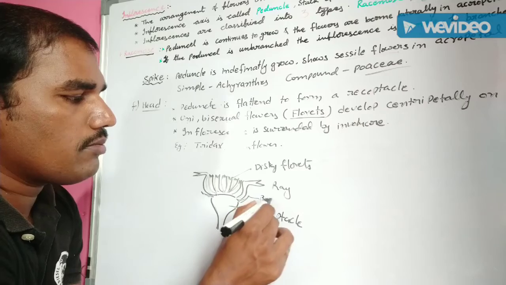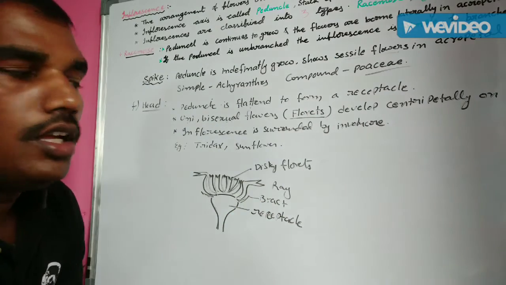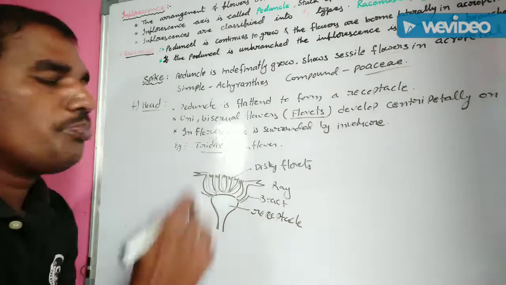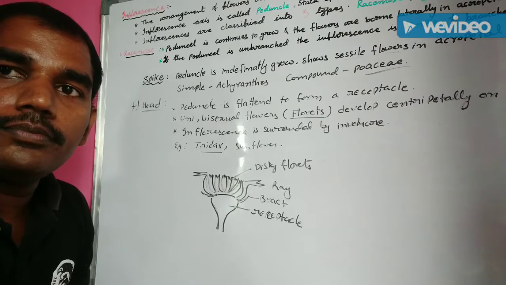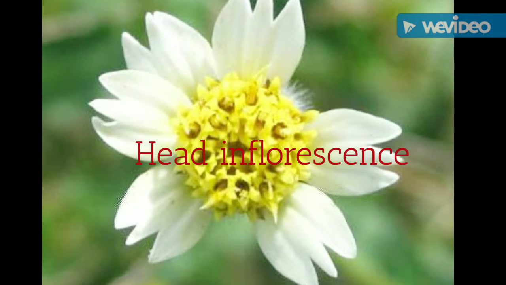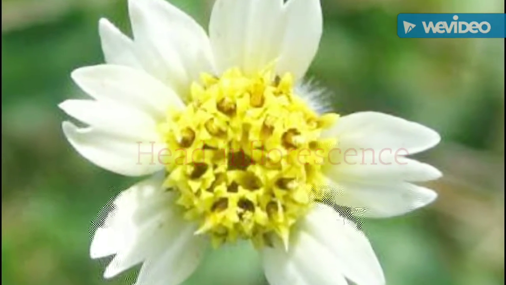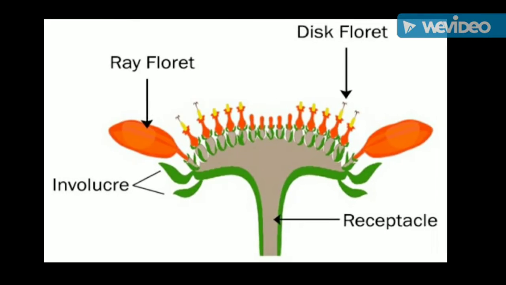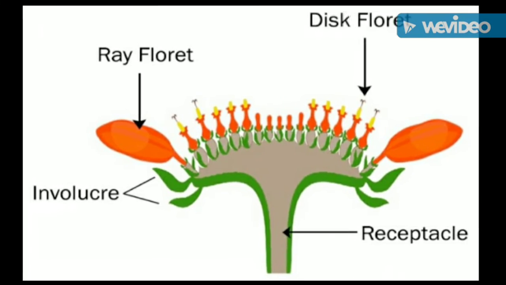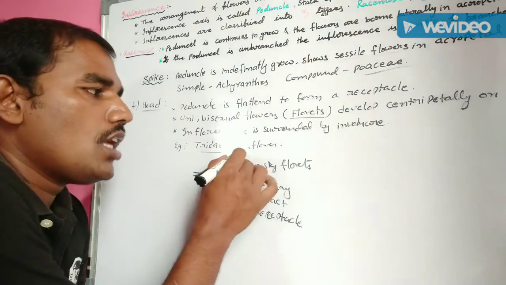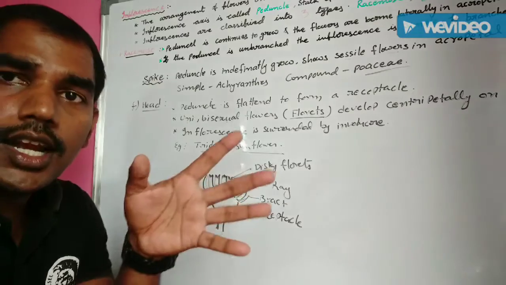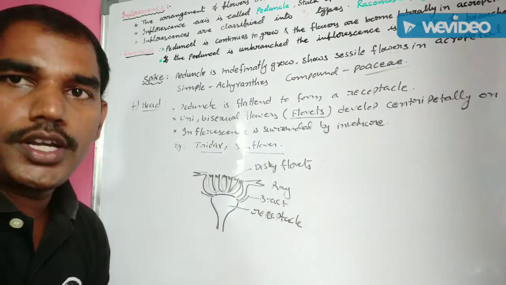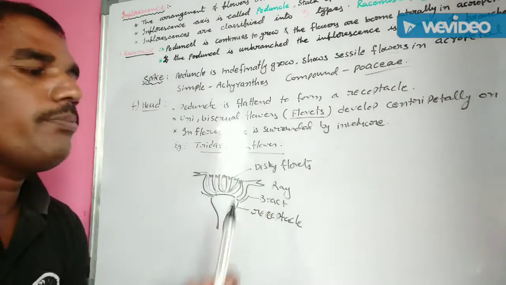Involucre, this one is bract. This type of inflorescence is known as head inflorescence. Example: Tridax procumbens, Gaddi chamanti. Another example is sunflower. Sunray-like structured florets are present at the peripheral side. These are called ray florets. Example: sunflower.